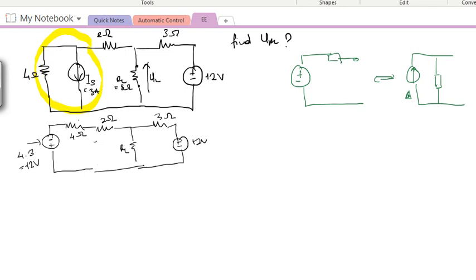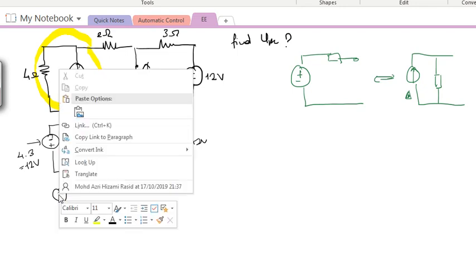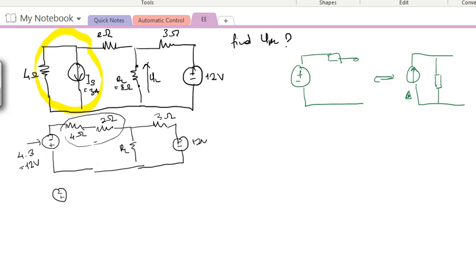So now you see that by having this here, 4 ohm and 2 ohm in series, you can now just add them together. I made a mistake again, so it's minus here, plus here, 12 volts. It's very important: every step when you do simplification, just redraw the circuit to make sure that you don't miss anything.